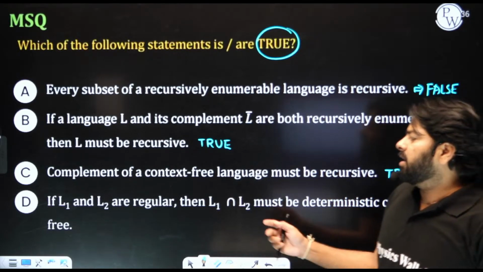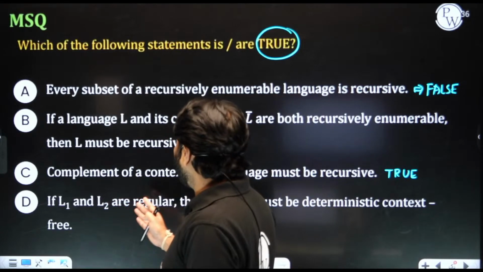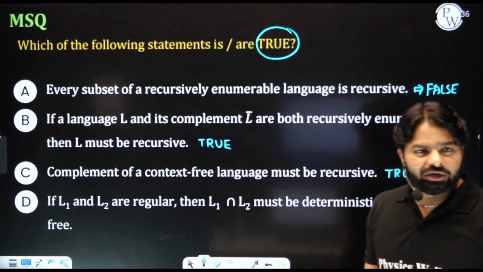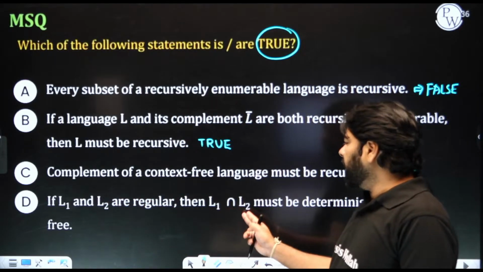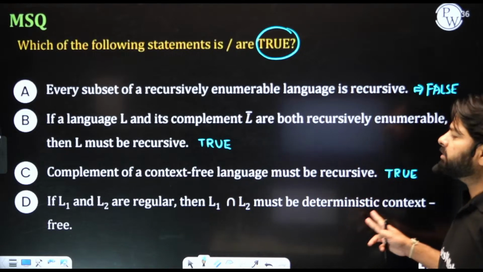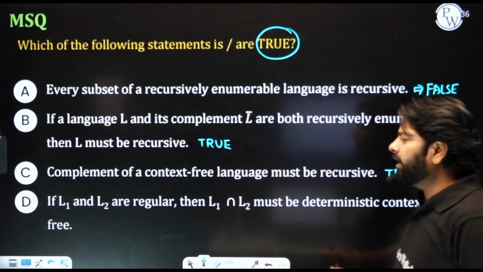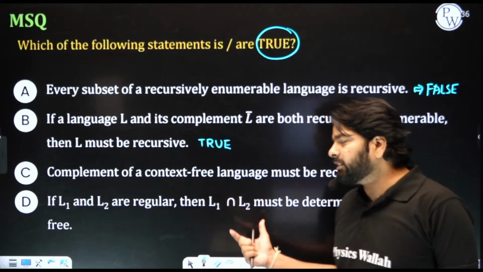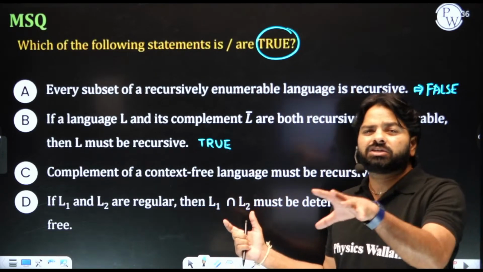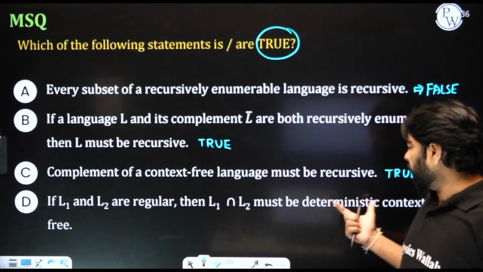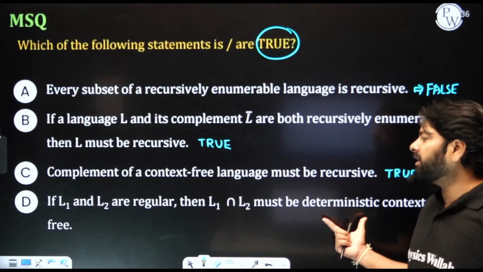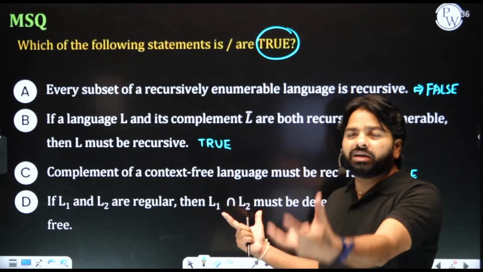Okay. Next, if L1 and L2 are two regular languages, then the intersection of the two regulars must be deterministic context free. Here students may think regular intersection regular is regular, but instead of regular, here it is mentioned DCFL, because every regular is a DCFL.